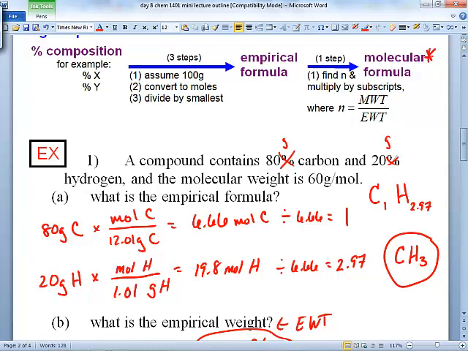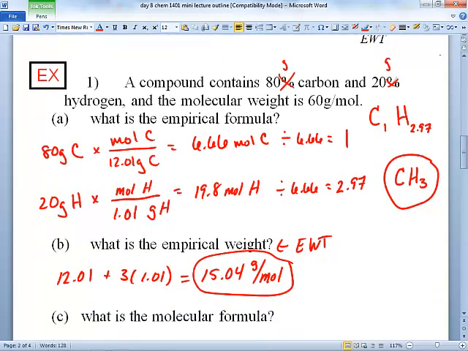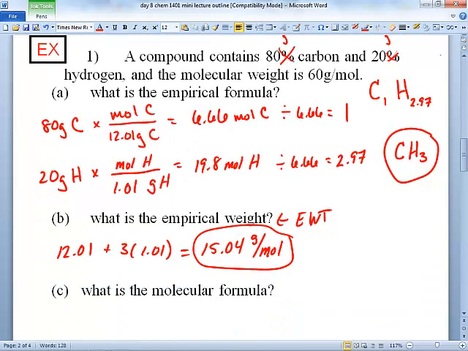To find n, we have to find little n and multiply by the subscripts. Well, let's find this little n and see if it makes any sense. This little n is supposed to be molecular weight all over empirical weight. Well, we found the empirical weight is about 15.04. What's the molecular weight? It's the 60.